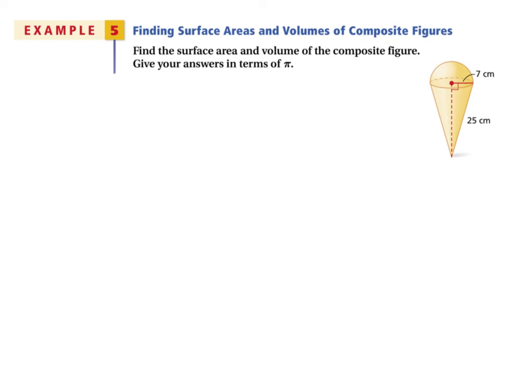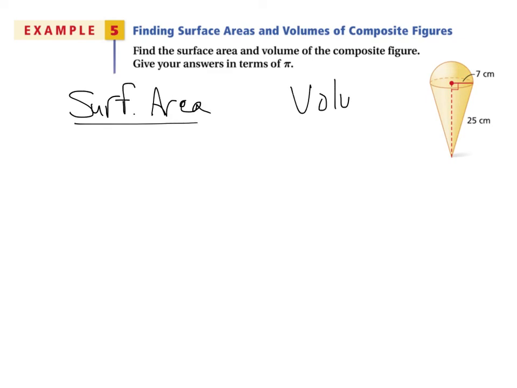And lastly, you can pause the video and actually do this one yourself. Find the surface area and volume of the composite figure. So you can pause the video and skip ahead if you want. Let's start with the surface area. Well, the surface area of a sphere is 4 pi r squared.